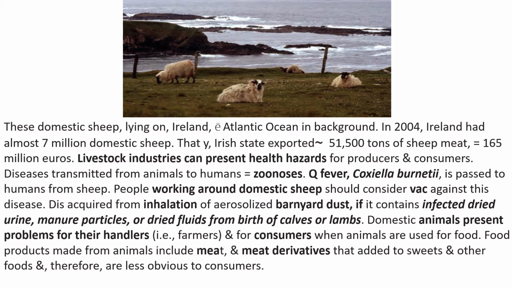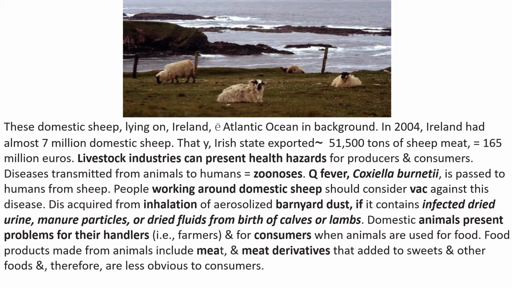This year, the Irish state exported more than 51,000 tons of sheep meat, equal to 165 million euros, a big amount of money. This was under the threat of this disease.